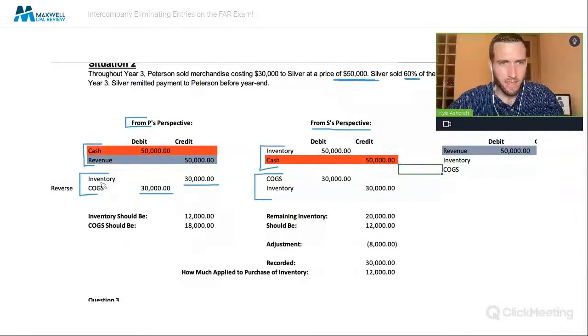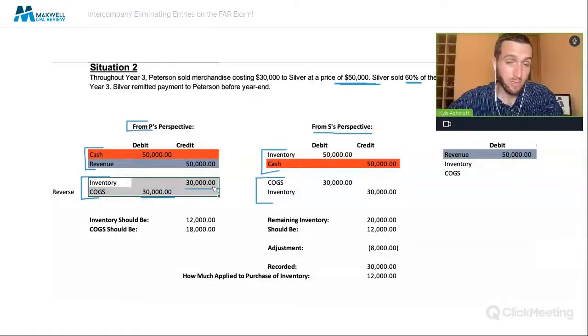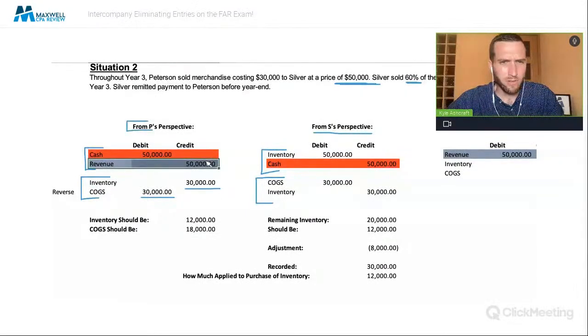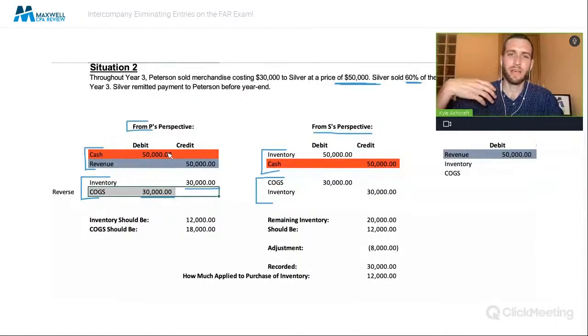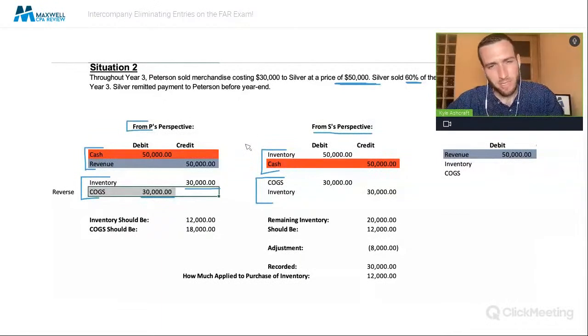And then we wrote off all of our inventory because we sold all of it to the subsidiary. Just like we got rid of all of the revenue here, we get rid of the entire amount of the cost of goods sold. So our cost of goods sold is going to be $30,000 adjustment plus whatever additional adjustment we have. So it's going to be $30,000 plus something.